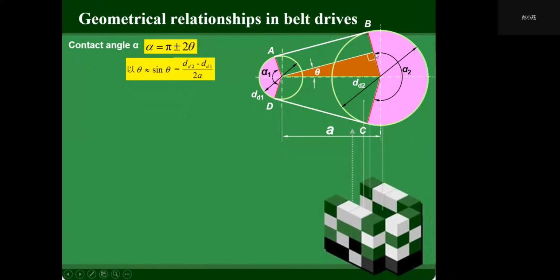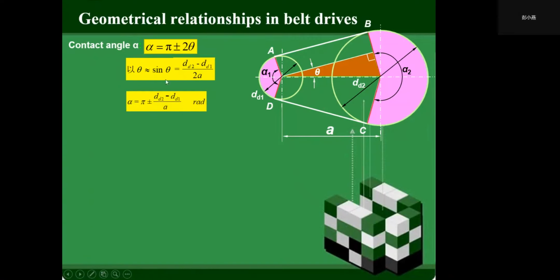And this length is the R of the driven pulley minus the R of the driving pulley. So it's half of d2 minus d1, and then divided by the distance a. It's sine theta. When theta is small, sine theta is approximately equal to the value of theta.